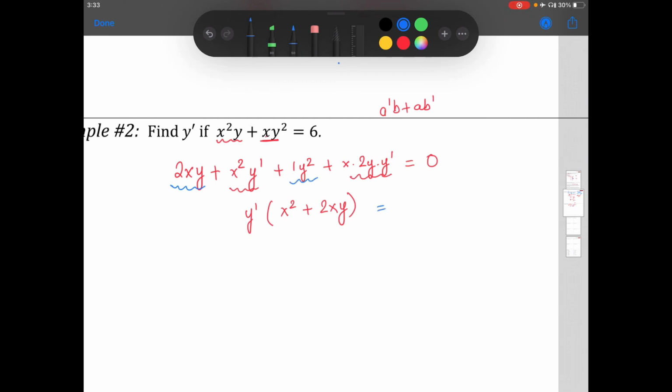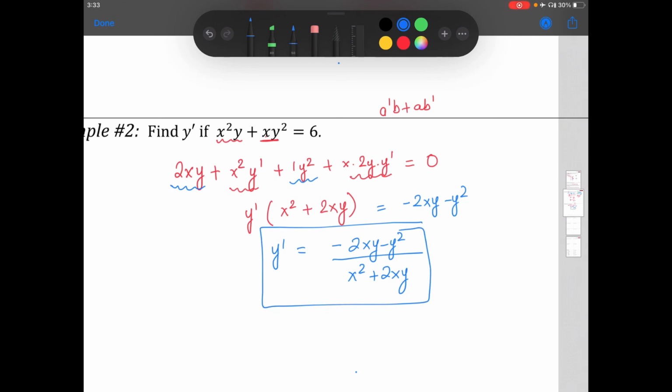So I have negative 2xy minus y squared. Right? Do we all agree? Now I want y prime by itself, so I'm going to divide by x squared plus 2xy. So I have negative 2xy minus y squared over x squared plus 2xy. And that's it.